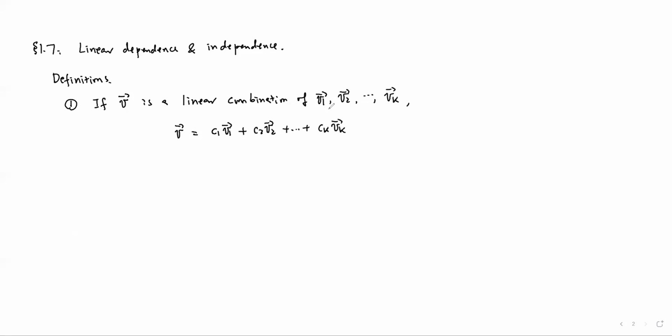A combination of these k vectors in this form is a linear combination. If V is a linear combination of these k vectors, we say that vector V linearly depends on these k vectors.